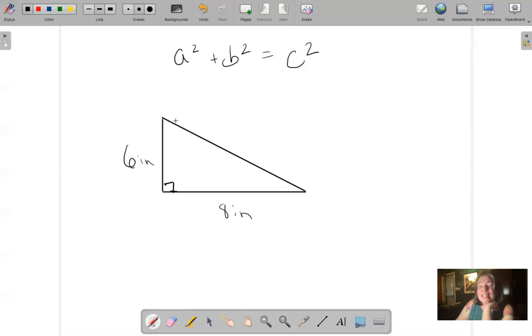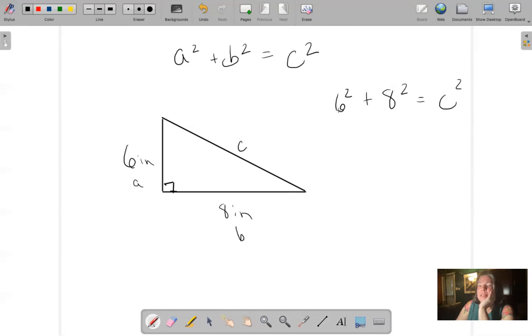So now I can tell you this length right here, because I'm going to call this A, this B, and this C. Because I know A squared plus B squared equals C squared, I can say 6 squared plus 8 squared equals C squared.